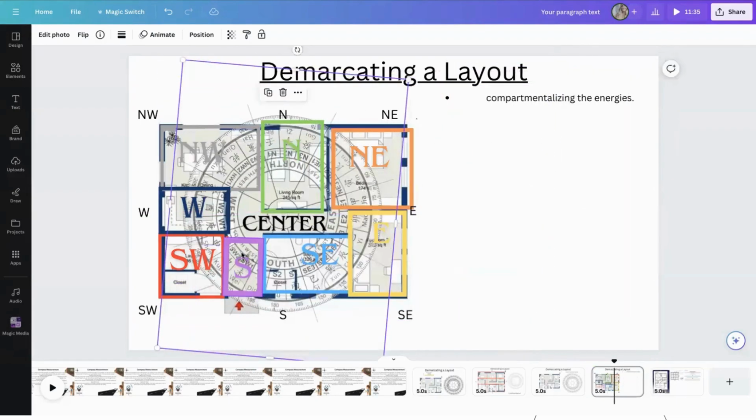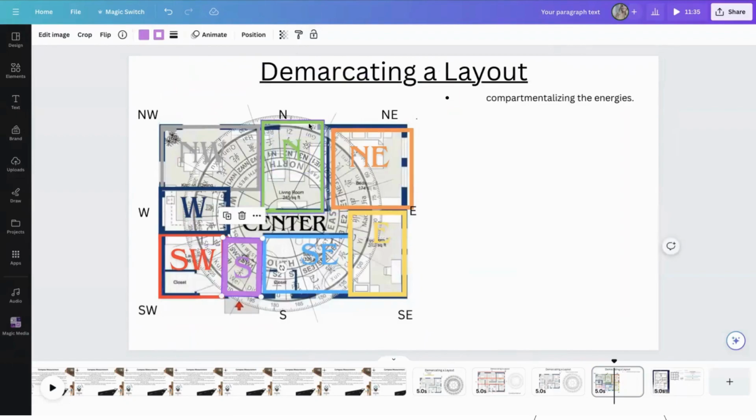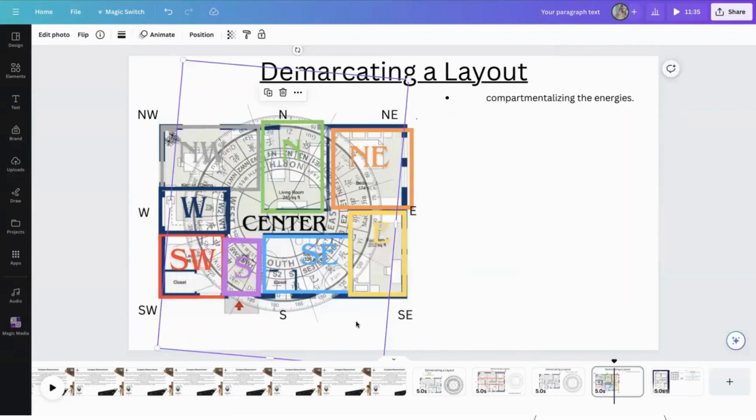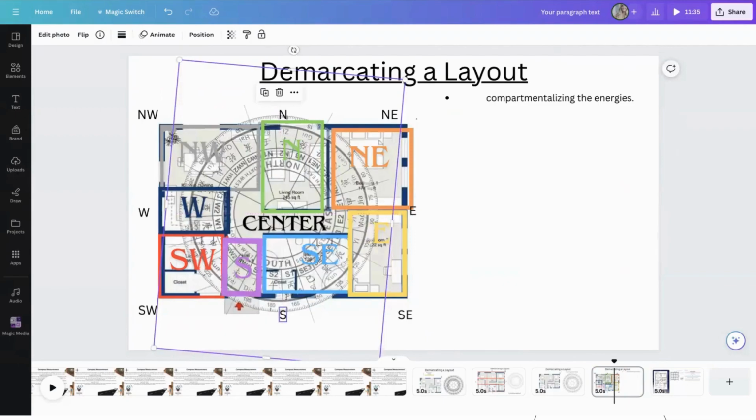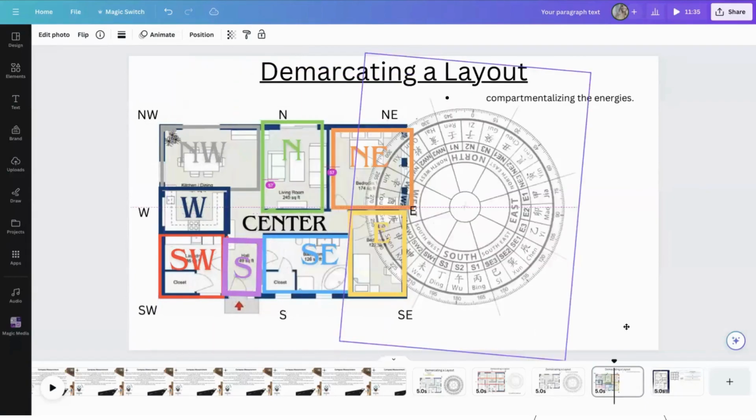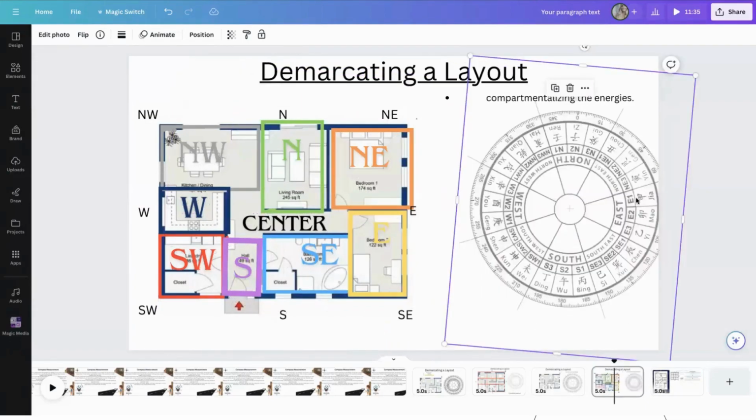We've found the center. We're going to lay the 24 mountain compass in the center, 180 degrees facing, and then I've demarcated the boxes accordingly. So you can see the east is occupied in bedroom 2. You've got the northeast in bedroom 1, the north in the living room, and so on.